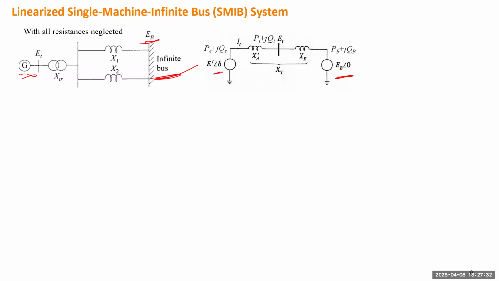The total reactance, including the transient reactance, and also the total reactance along the entire transmission path, together will be the total reactance connecting this EMF of the generator to the infinite bus voltage.